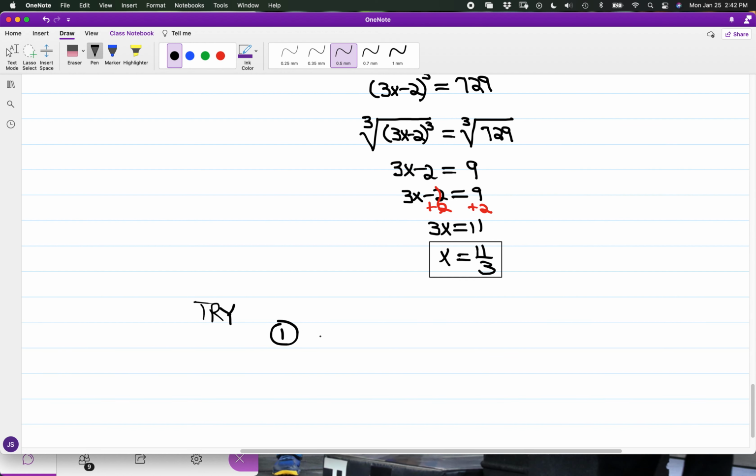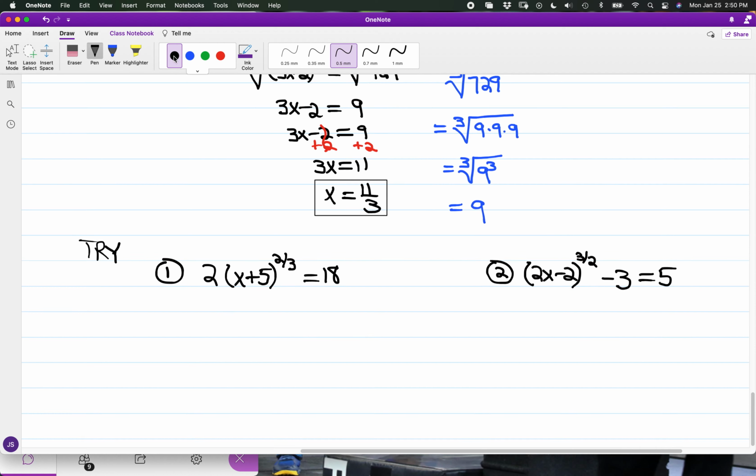We have 2 times the quantity of x plus 5 to the 2/3 is equal to 18. And also we have the quantity of 2x minus 2 to the 3/2 minus 3 is equal to 5. If you're still working on these items, that's okay.